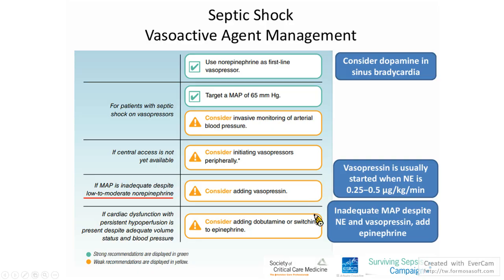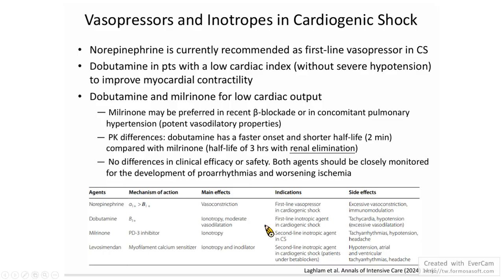And if there is an inadequate increase of the MAP despite the first and second line pressors, then consider adding epinephrine. And if the patient presents not only with septic shock, but also other cardiac dysfunctions that you cannot rule out, if it is mixed with cardiogenic shock, then you may consider adding dobutamine as the inotrope, or switching to epinephrine when needed.